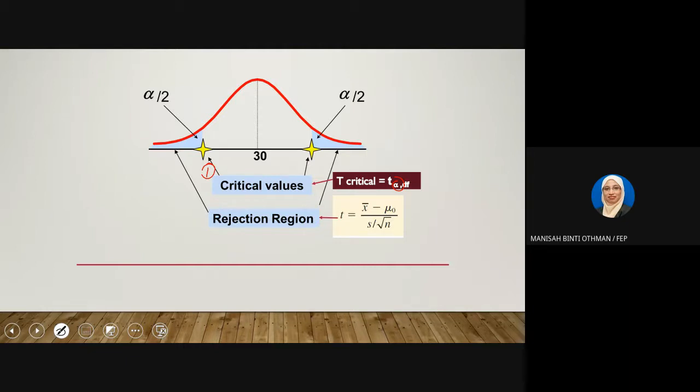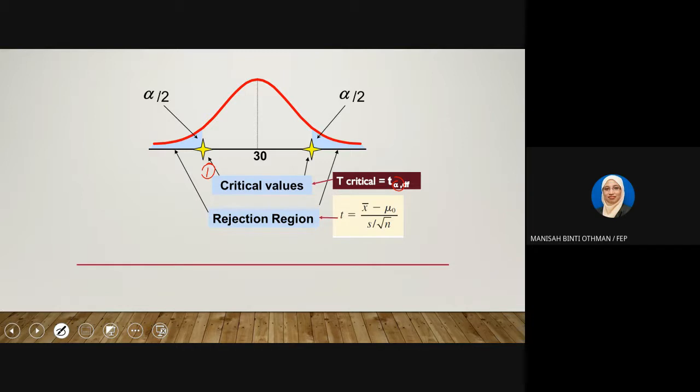If your alpha value is 0.1, your confidence level is 90%. You can determine either one first, which comes first doesn't matter, because one is the opposite of the other.